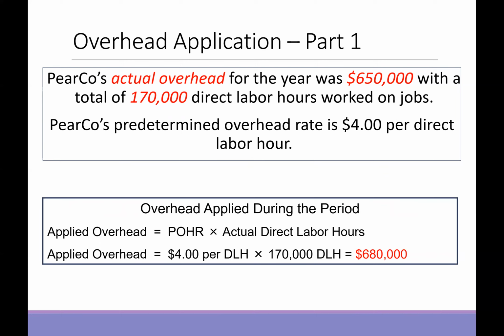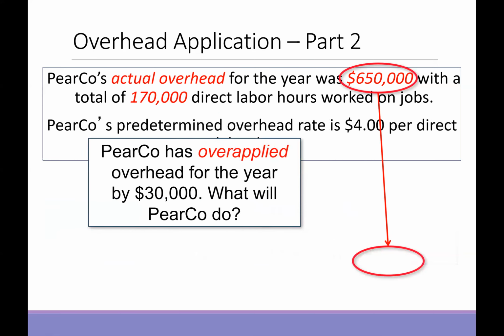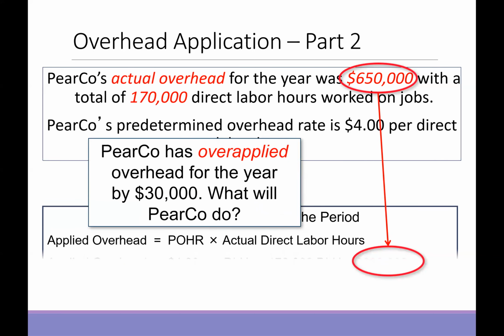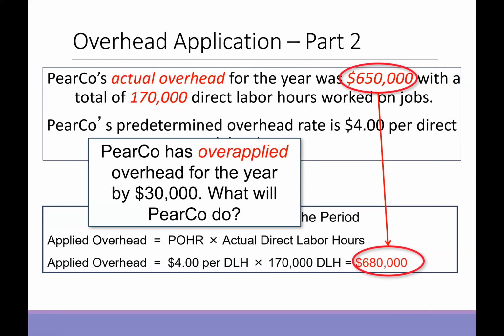If we applied 170,000 labor hours at $4 an hour, then we applied 680. If the actual costs were 650, we overdid it by 30,000. We over applied. Okay, so if we over applied, we will subtract 30,000 from our cost of goods sold.